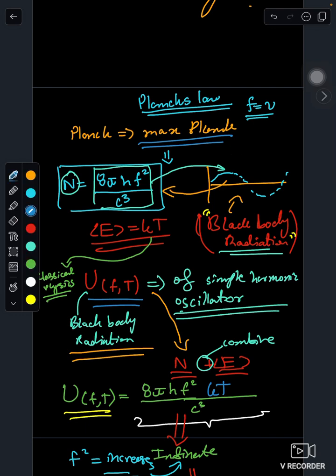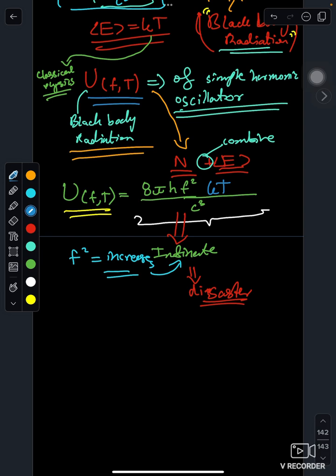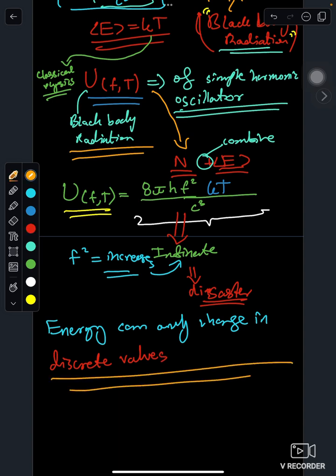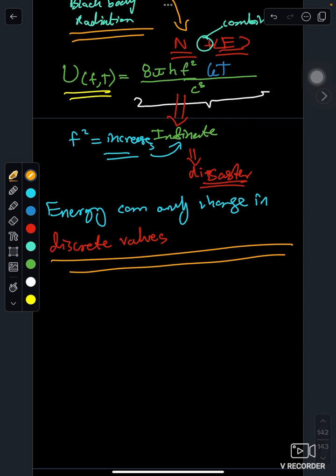But Max Planck said no. He said that energy can only change in discrete values. This was the groundbreaking change that he discovered: energy can only change in discrete units, not at a continuous rate.